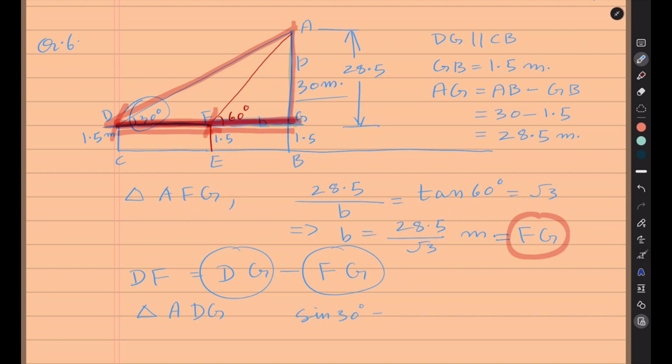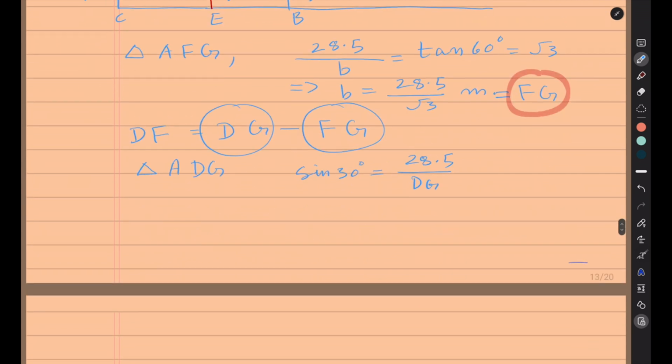Sine 30 degree is equal to perpendicular, which is 28.5, divided by DG. Sine 30 is 1 by 2, so 1 by 2 equals 28.5 divided by DG, and this gives us the value of DG as 2 times 28.5, so 57 meter.